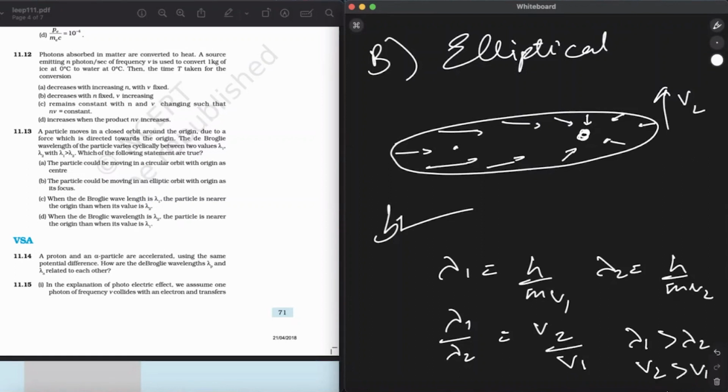So by law of conservation of angular momentum, the particle moves faster when it is closer to the focus. That we already knew, and that is what I have proved over here. I considered this velocity as v2, and I have proved that v2 will be greater than v1. And this also proves the law of conservation of angular momentum, that the velocity will be higher near the focus of the elliptical movement. So is another option correct or what?